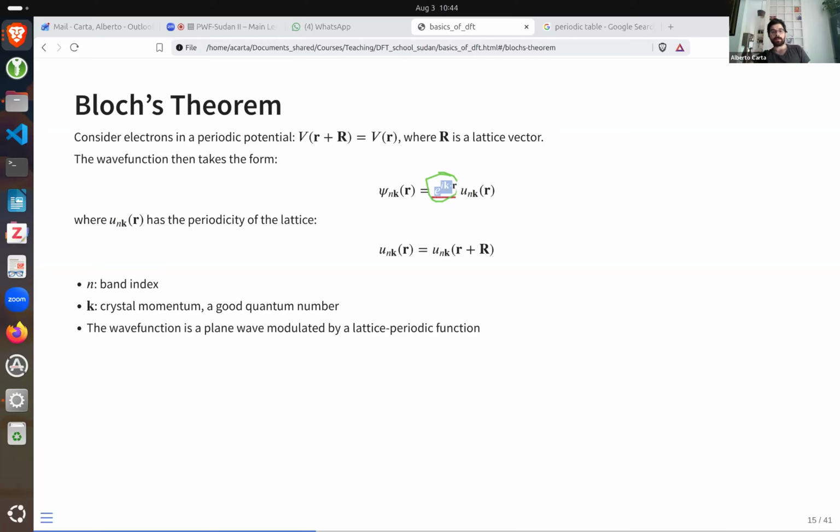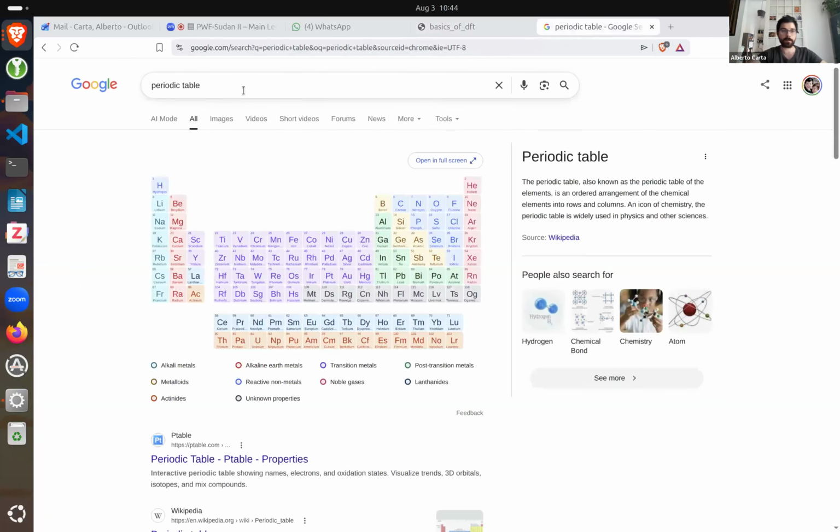What Bloch theorem tells you is that this up and down in a crystal gets modified by the periodic potential. A wave in a crystal is the same as a wave in the free case, just that the shape of the wave gets modified by some periodic function.